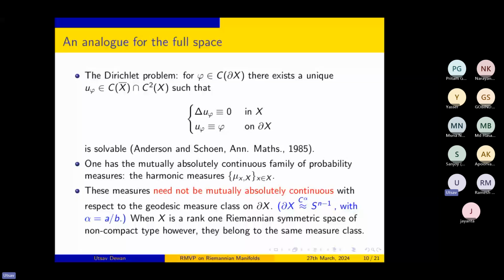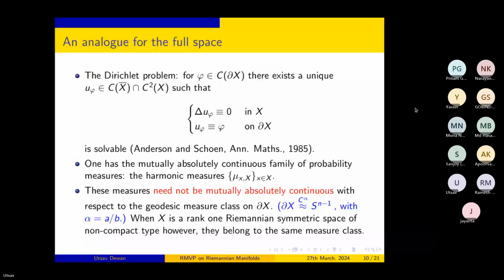In that polar decomposition, the Gromov boundary can be identified with the Lie theoretic K mod M, where K is the maximal compact subgroup of G, and M is the centralizer of A in K. In this more homogeneous setup of symmetric spaces, these two measures coincide, so they are the same measure class.